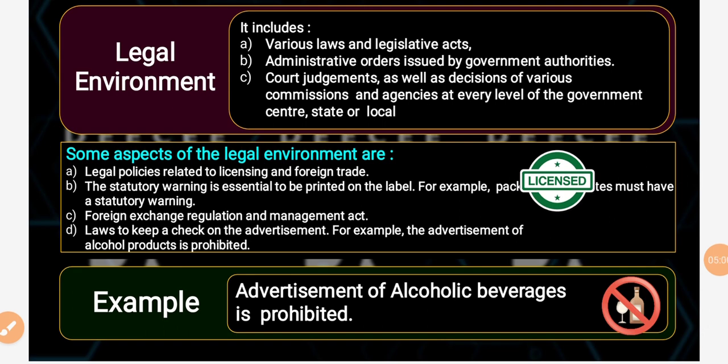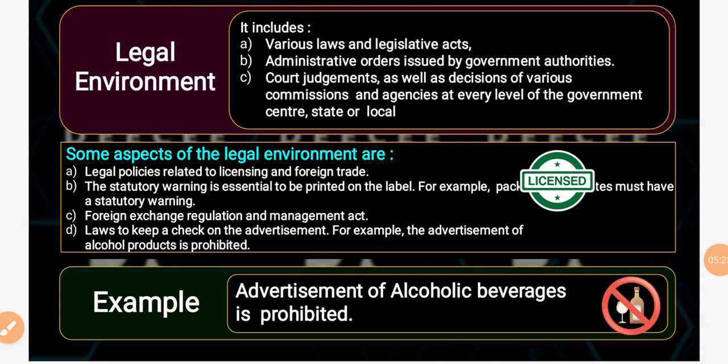These are part of legal environment, and the biggest and very common example of legal environment is that advertisement of alcoholic beverages is prohibited. So it is mentioned on the product, like statutory warning signals are given: chewing tobacco is injurious to health. So these are examples of legal environment.